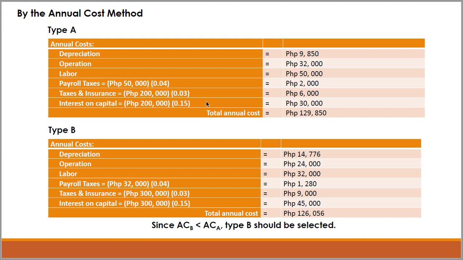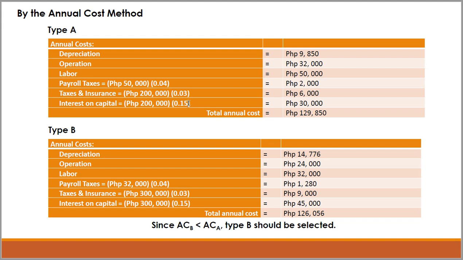So we take that. The minimum the company should gain every year is 15% of the initial cost. Okay, as the minimum. So every year, that's a minimum gain from our initial investment.